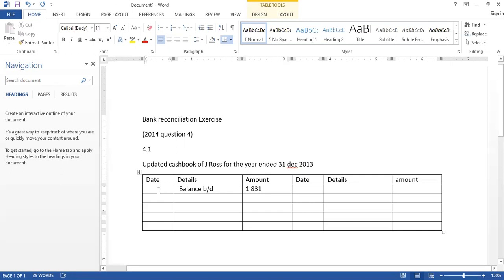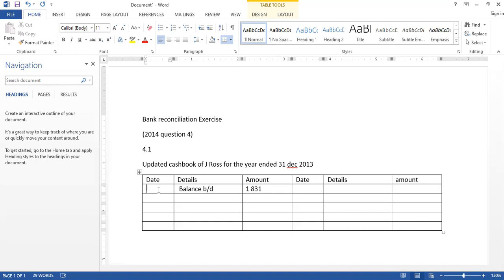Again, when it comes to the date, this updated cash book is always drawn up at the end of the month. This is not your normal cash book. You are just updating your cash book, and the updating is done only one day, at the end of the month.